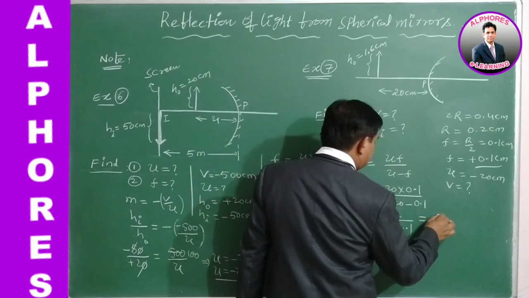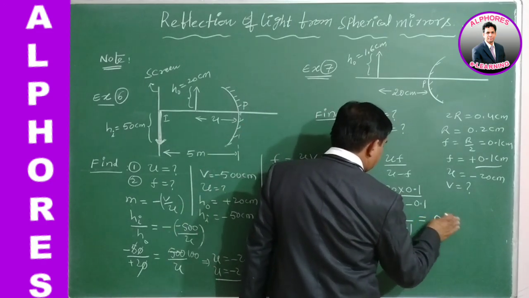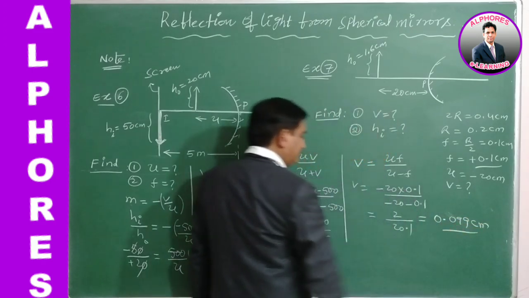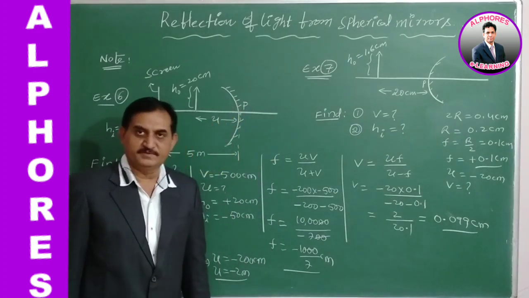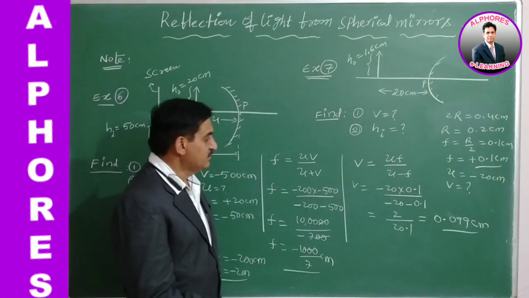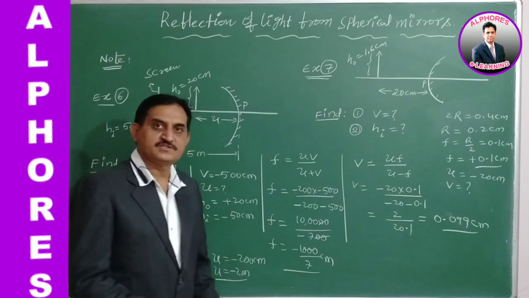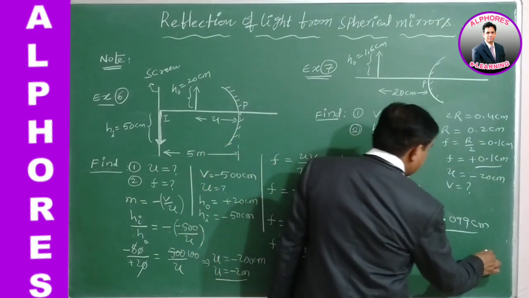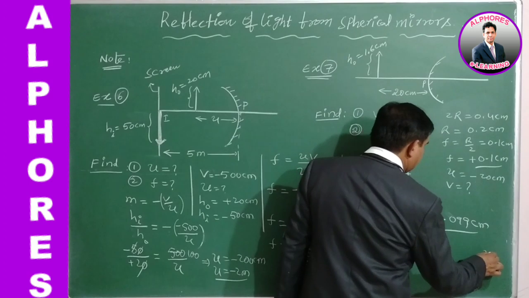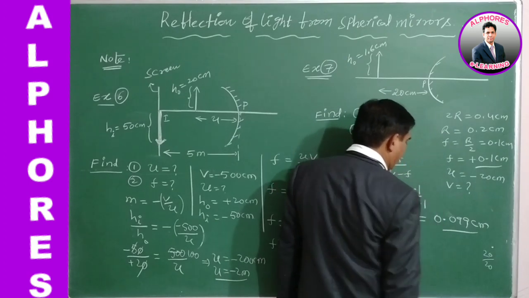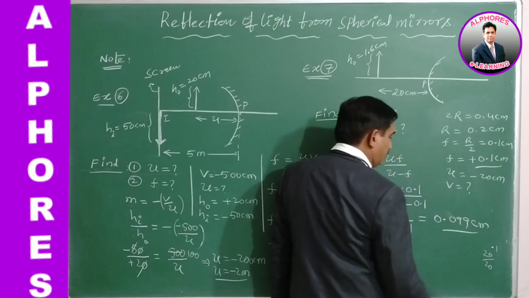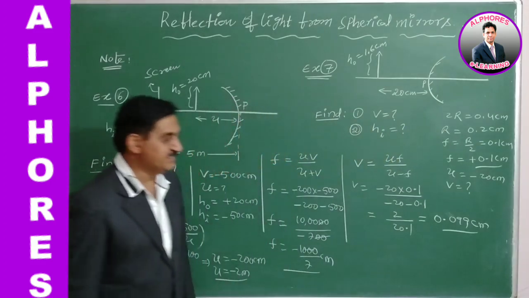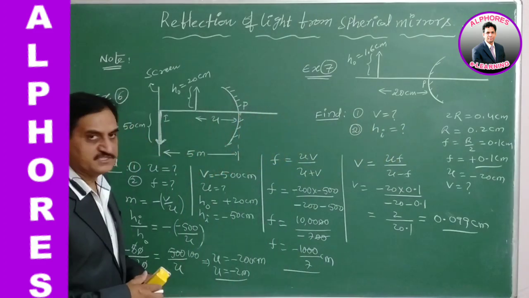By simplifying this, you will get 0.099 centimeters. Okay, so this is the image distance clearly. Once again we verify this one. Roughly it is 2 by 20, which is 0.1, so exactly 0.099 centimeters. This is the image distance obtained.